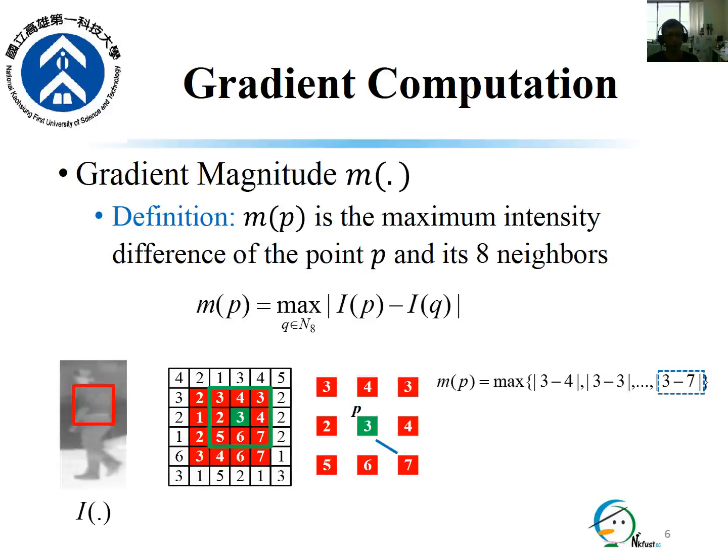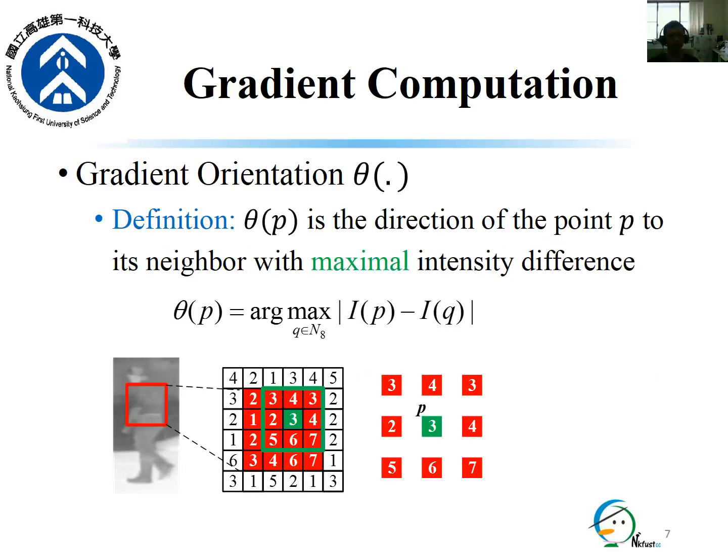Then, we pick the maximum of these 8 numbers as the gradient magnitude of P. The gradient orientation is defined as the direction to the neighbor with the maximum intensity difference. For the aforementioned example, the gradient orientation of point P is southeast because it has the maximum intensity difference to its southeast neighborhood.